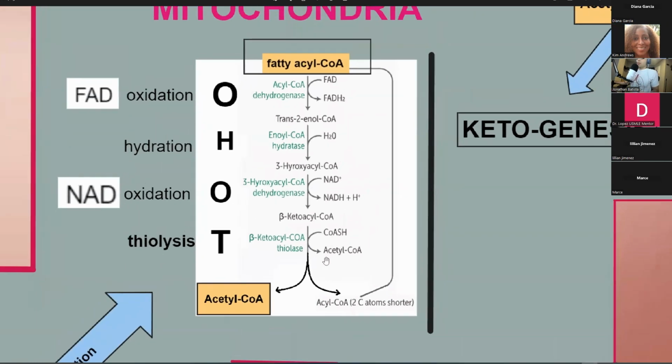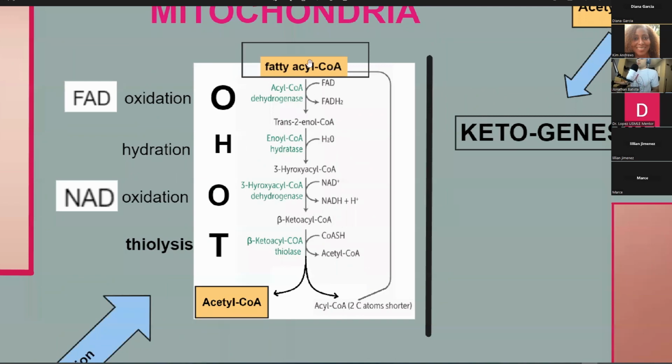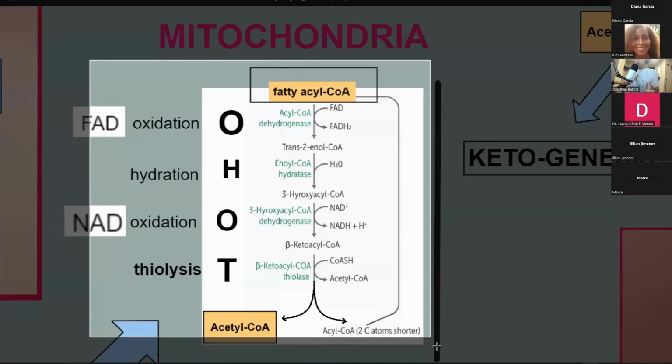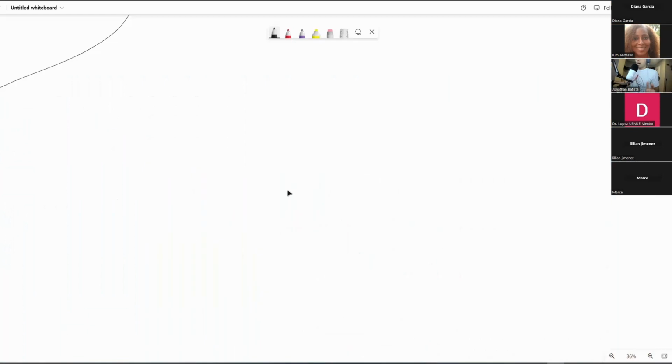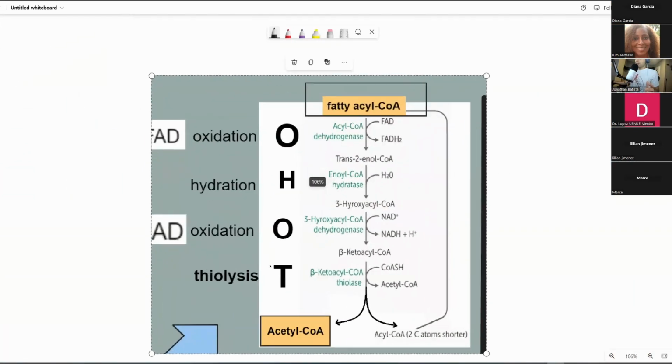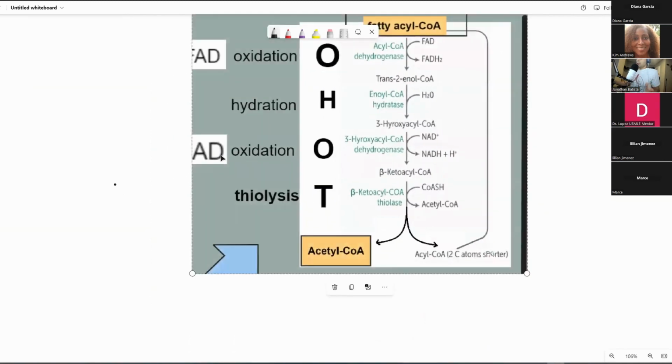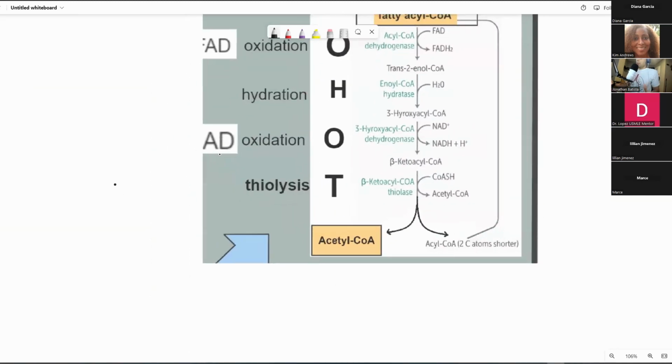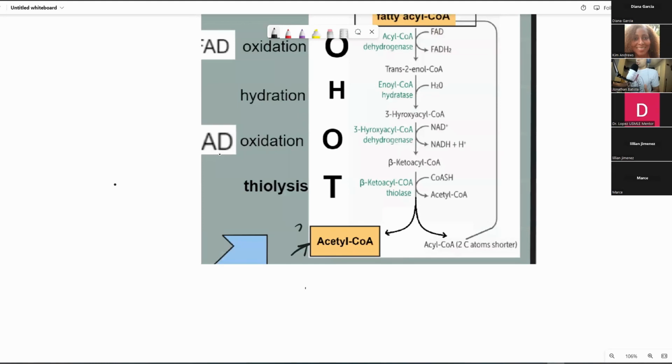So what happens? You have a huge molecule here, very huge. So let's understand this properly, because what is going on in beta oxidation? What is actually happening is that you're breaking down this fatty acyl-CoA into an acetyl-CoA. This acetyl-CoA is only 2 carbons. So if this chain was a chain of 16, now this chain is 14.